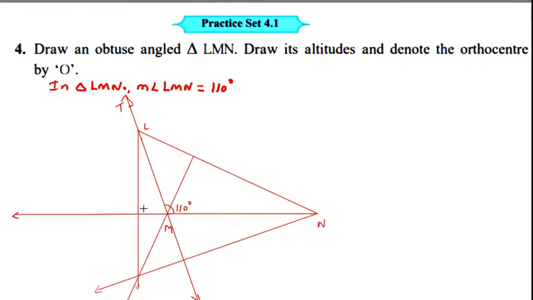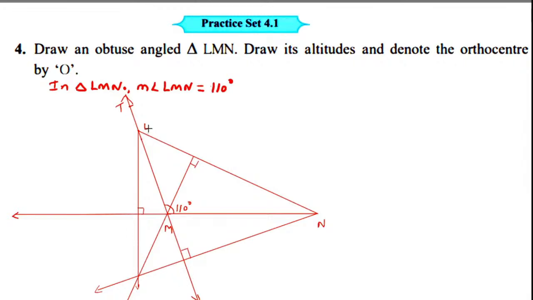Show the arrow. We know that all of these altitudes are perpendicular to their opposite sides. So this angle is 90 degree. Show the sign here. We see that all three altitudes.